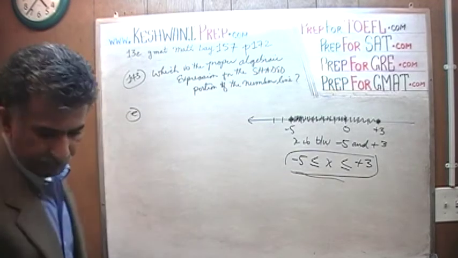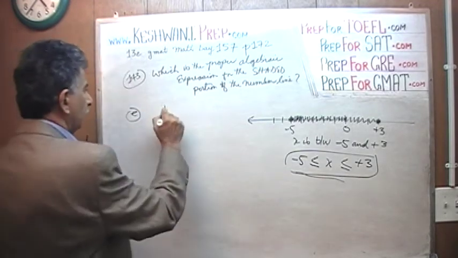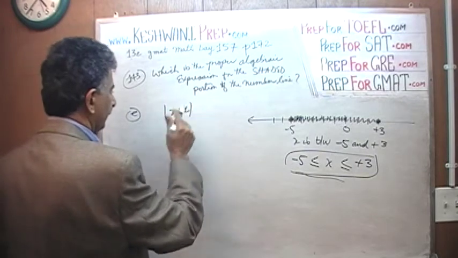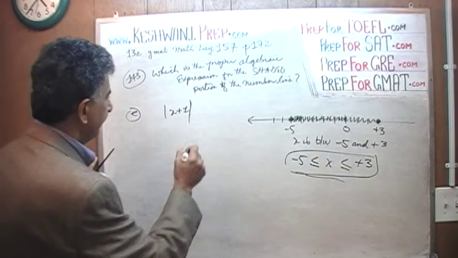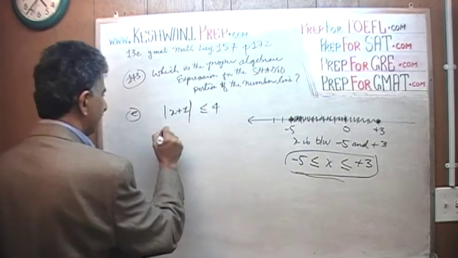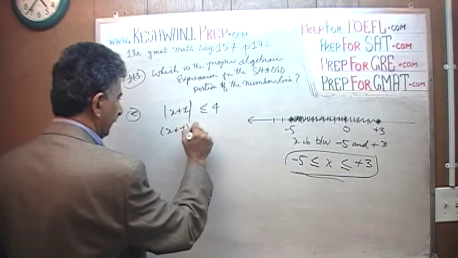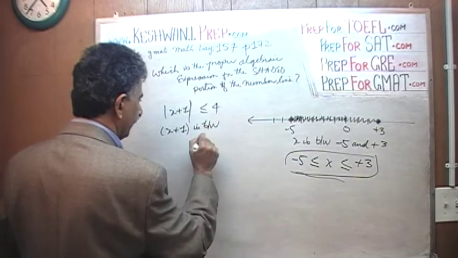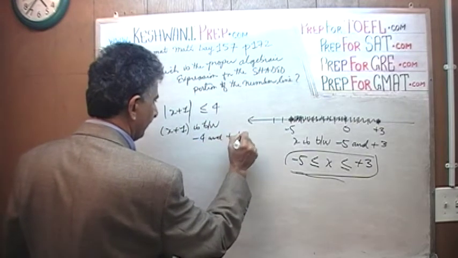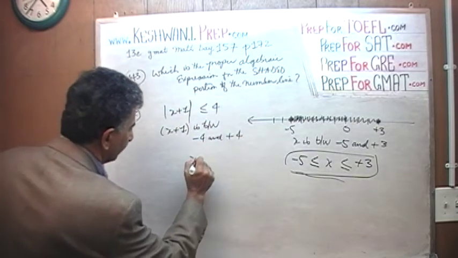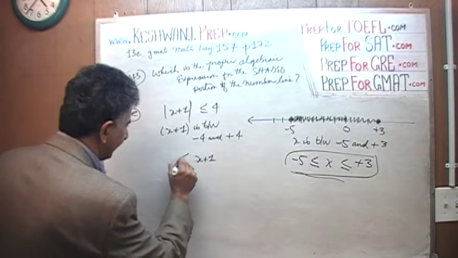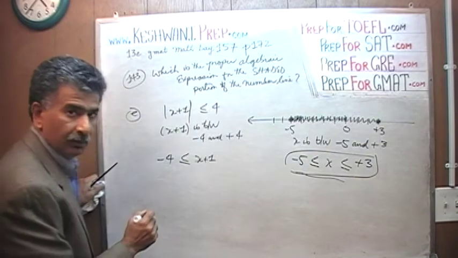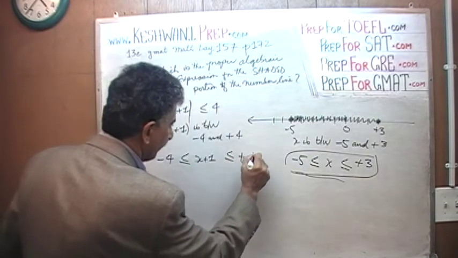E obviously would have to be the answer. It's the only one left. The absolute value of x plus 1 is less than or equal to 4, which means this quantity x plus 1 is between negative 4 and a positive 4. X plus 1 is greater than or equal to negative 4, but less than or equal to positive 4.